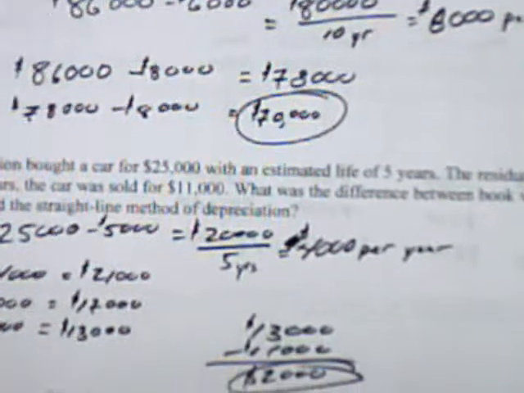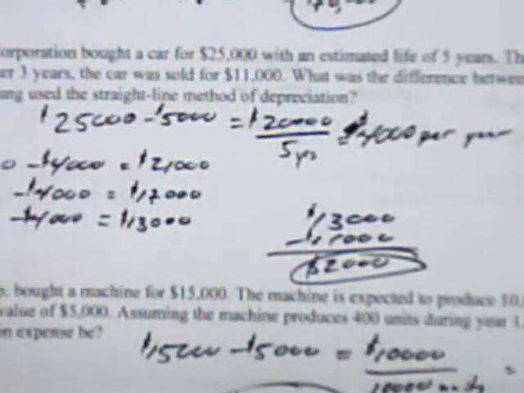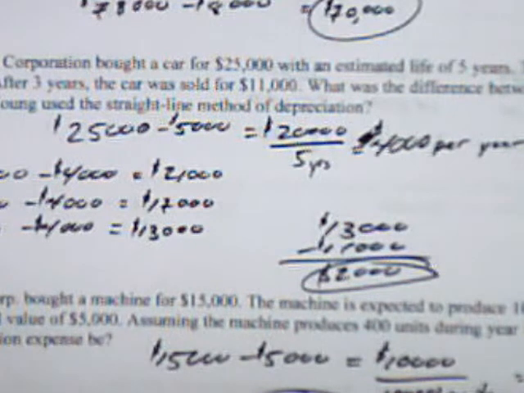So number 8's a car, right? They bought a $25,000 car, and they said it has a residual value of $5,000. So you subtract away the $5,000, divide the $20,000 by 5 years, and it's $4,000 a year you're going to take off.